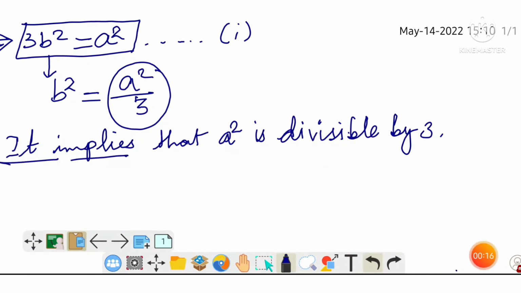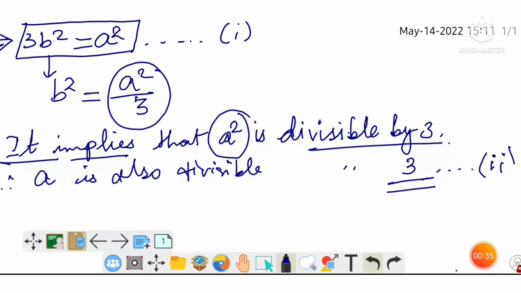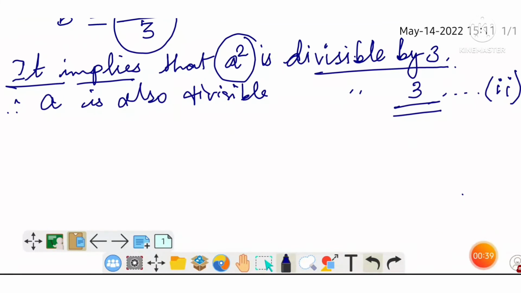So it implies that a square is divisible by 3, therefore a is also divisible by 3. Since a square is divisible by 3, a is also divisible by 3. This is equation 2.